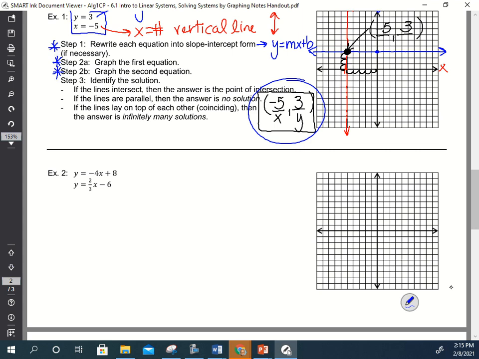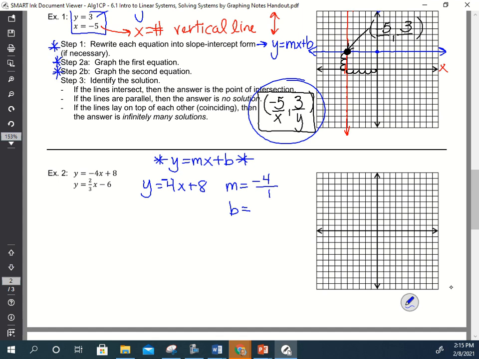So we have y equals -4x plus 8, and y equals 2/3 x minus 6. So this is where that y equals mx plus b slope intercept form is back. So for the first equation, what's the slope? Fraction.